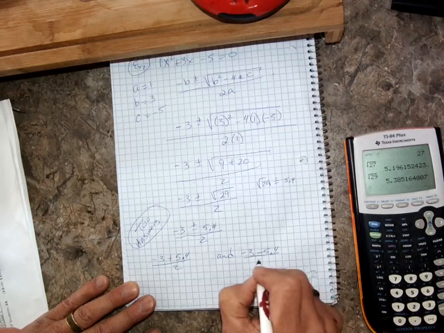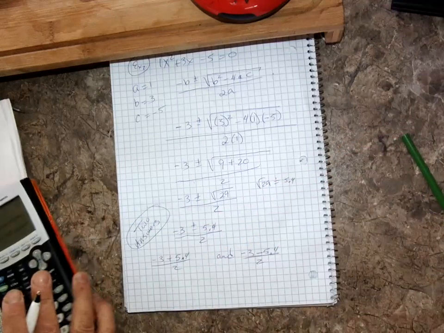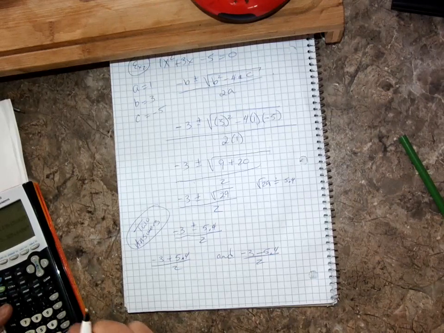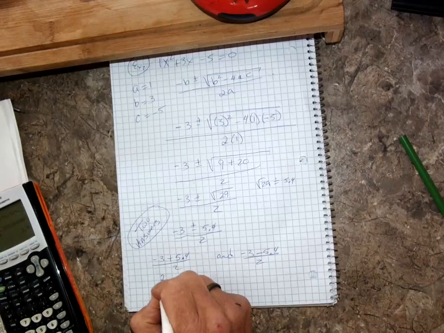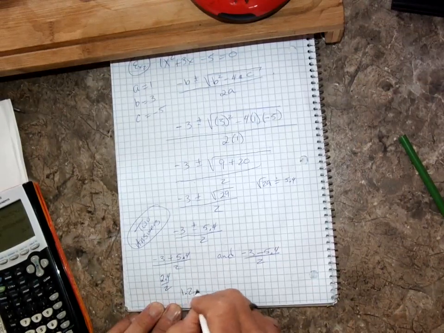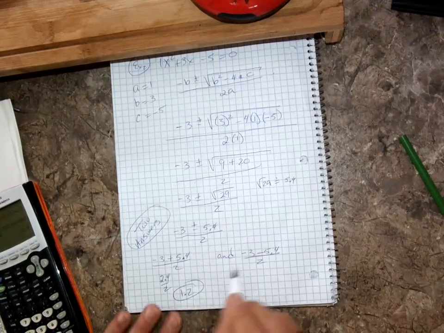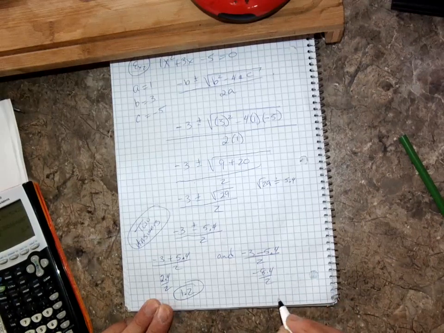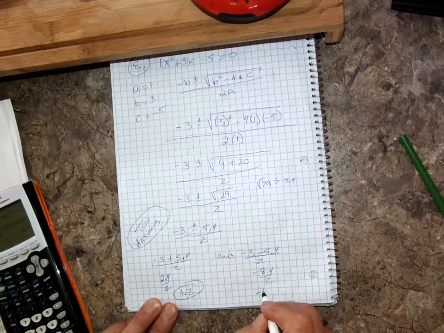Then I'm just going to use my calculator. Negative 3 plus 5.4 is 2.4 over 2, which gives me an answer of 1.2. There's one answer. Negative 8.4 divided by 2 gives me negative 4.2.